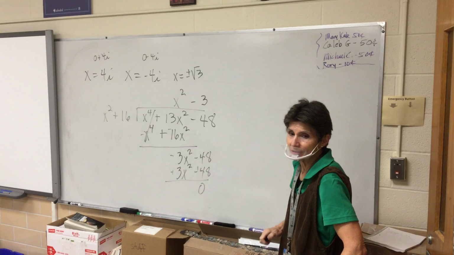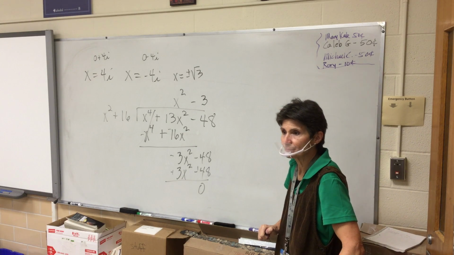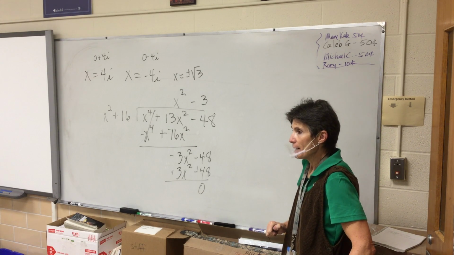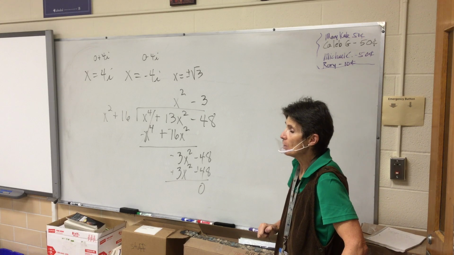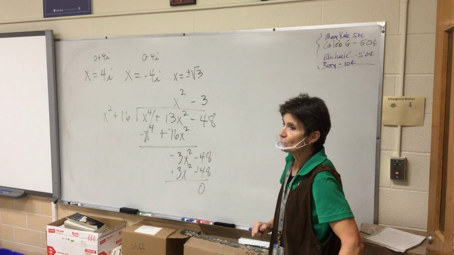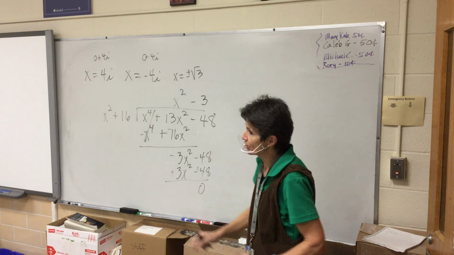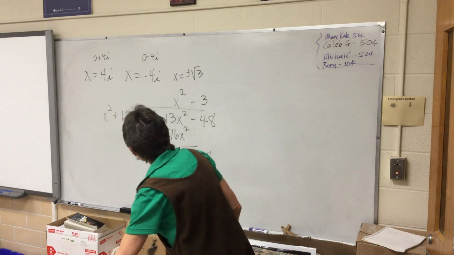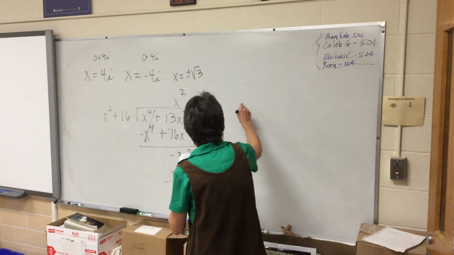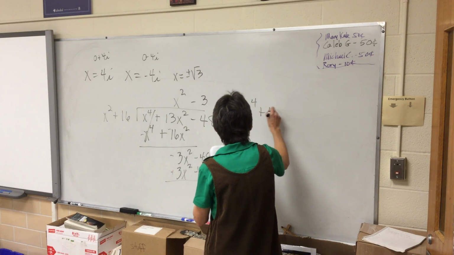Now, did you notice there's a little asterisk by this problem? I put that there because if you're really focused on your math, you might notice that this problem actually factors.